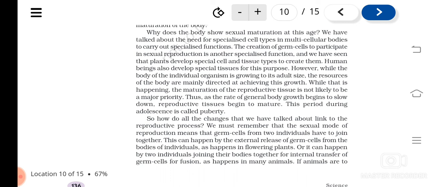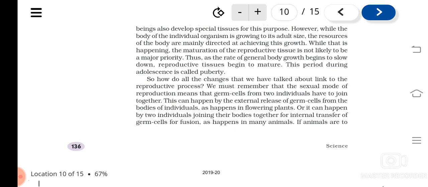This period during adolescence is called puberty. Puberty means the maturation of the reproductive tissues. This is the reason why all these changes happen during adolescence, or the teenage period.